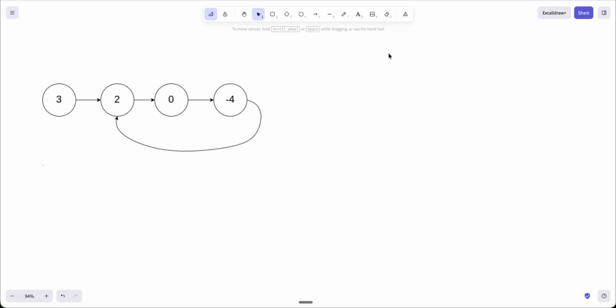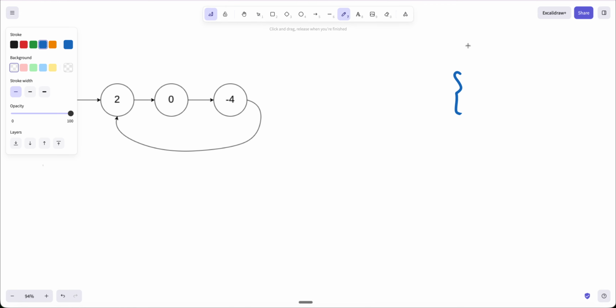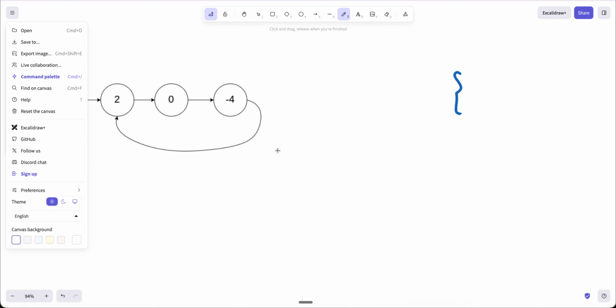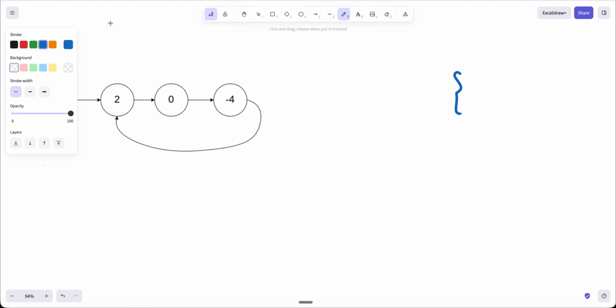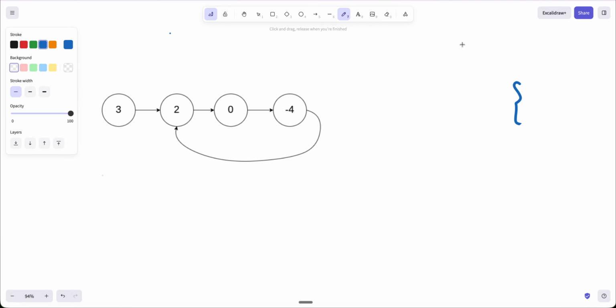Let's say I maintain a set. Initially I will be having a set, I'll visit 3, insert the 3 node, and then 2, visit the 2 node, insert it, and 0, insert it, and then minus 4, insert it, and then it is again moving to 2.